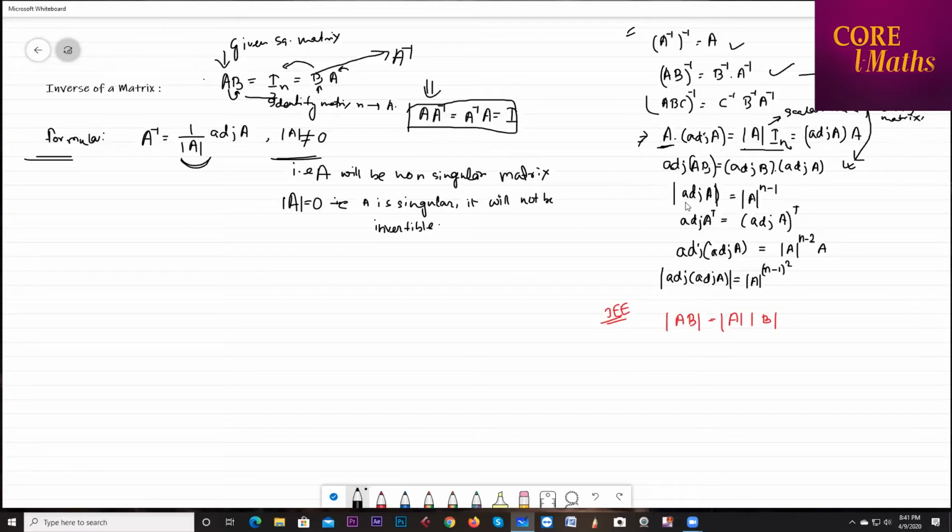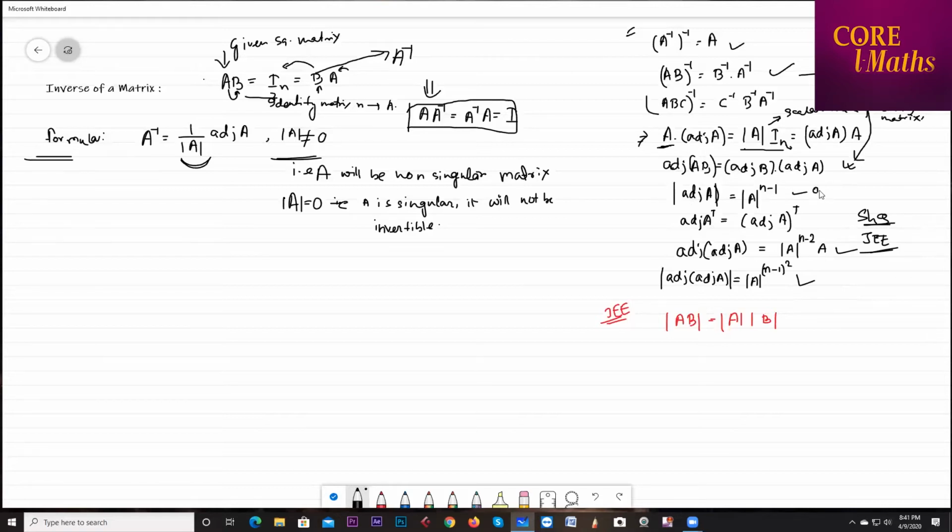Now come to the next property. This is very important, also for short questions as well as for JEE. One matrix A will be given, but its structure will not be given.